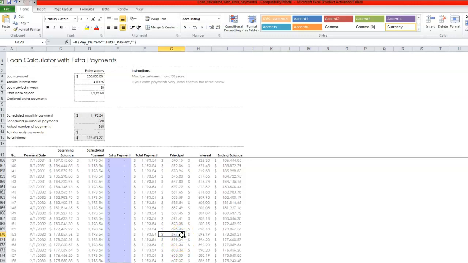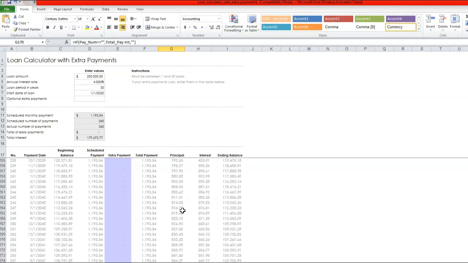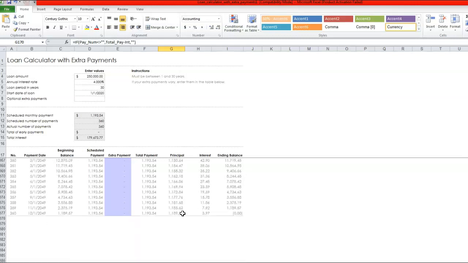Right around 12 years is when our interest starts becoming more than our principal. And then this is a 30-year loan amortization, taking us through 2050.